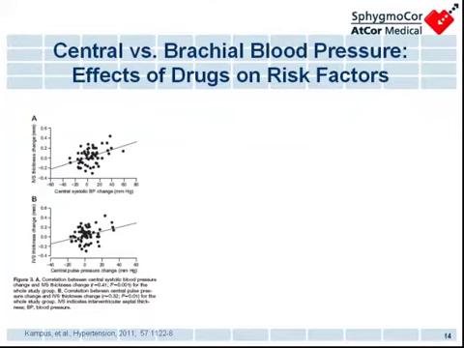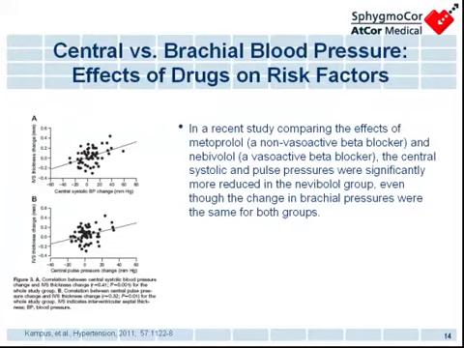That makes sense. This was a study of beta blocker versus beta blocker, and one was superior. This study looked at metoprolol, a non-vasoactive beta blocker, versus nebivolol, a vasoactive beta blocker, and we saw a larger reduction in central pressures, in systolic pressures, in pulse pressures with the vasoactive nebivolol, and that was reflected back to a benefit in the myocardium.